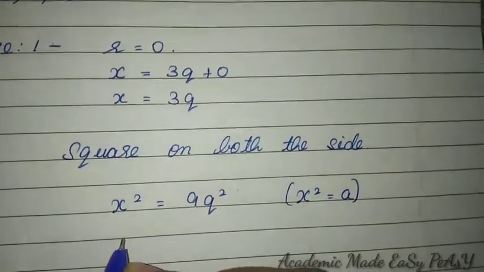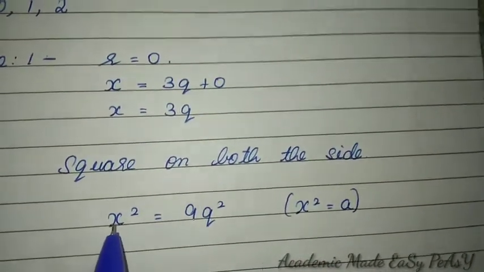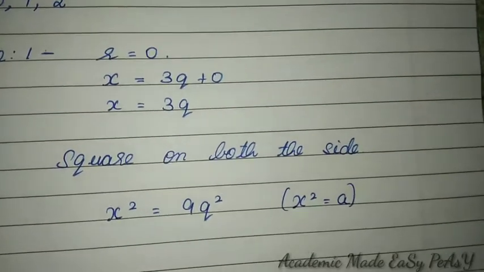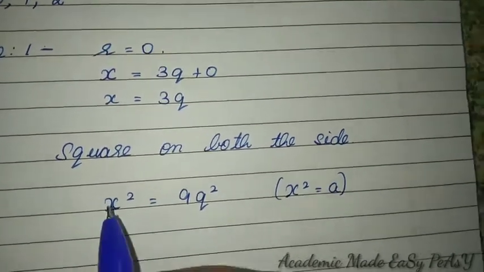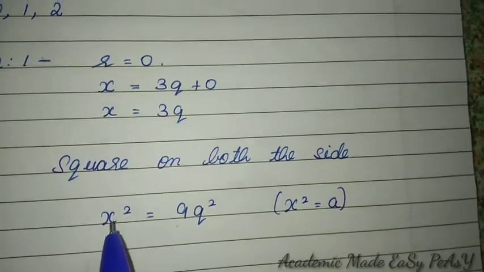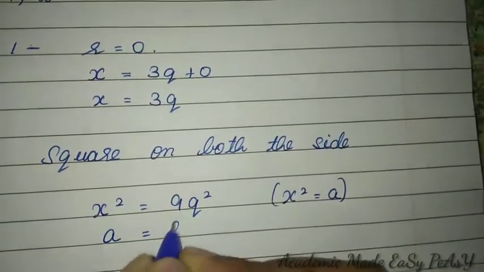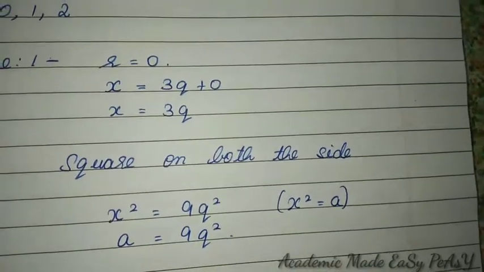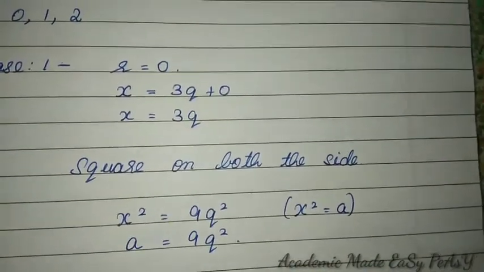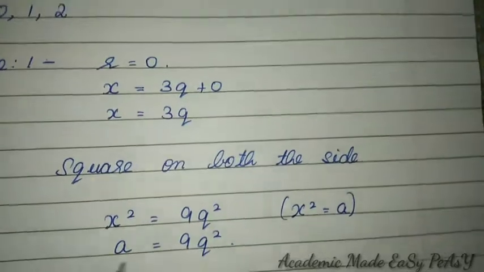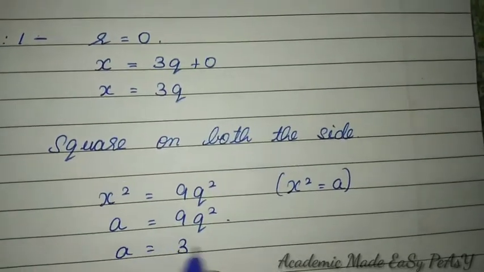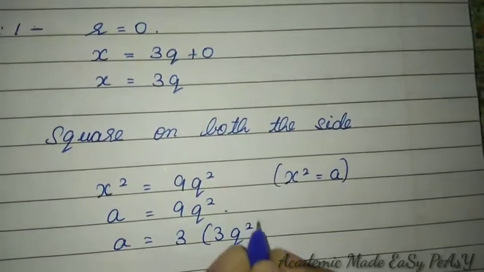So directly also you can write it. If you write directly, you will have a square. In the next step, you can change it as a. But first I'm taking it as x square, then having it as a. Okay, so a is equal to 9q square. So I want it in the form of 3m. So I can take this as 3 into 3q square.